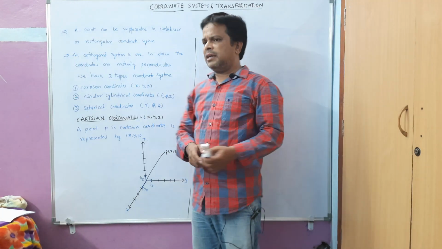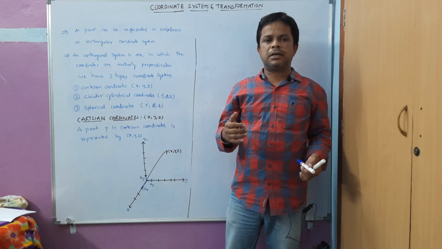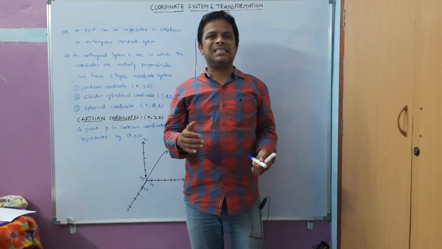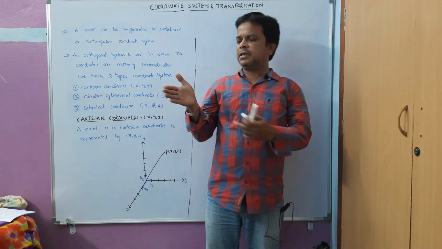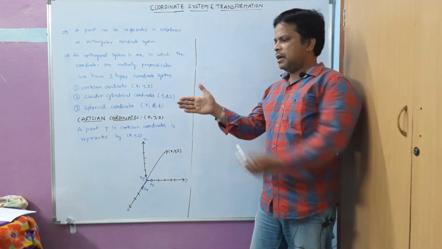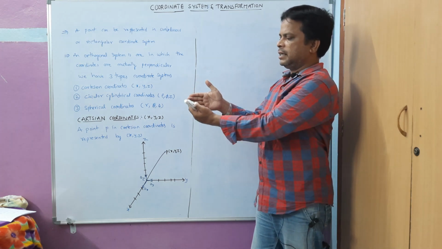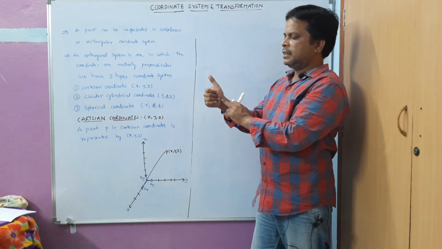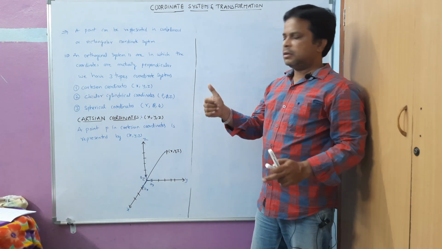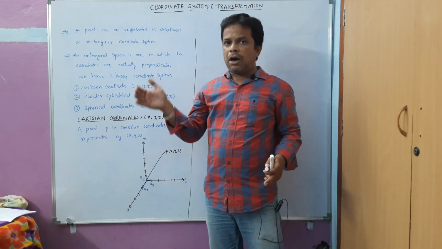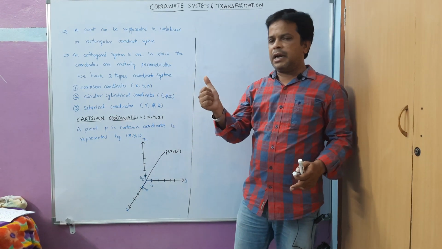Generally we analyze these rectangular, orthogonal coordinate systems by using the right-handed coordinate system. Right-handed means, suppose this is my right hand, the fingers are moved from the x axis towards the y axis, and the z axis is along the thumb. Whatever the coordinate system, all follow this right-hand thumb rule.